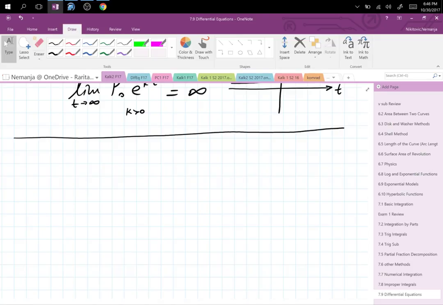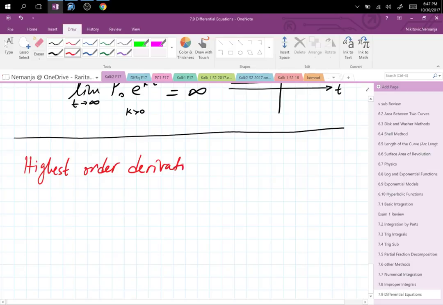If the largest order is second derivative, then it's a second order, third derivative is third order, and so on. So we will say that the highest order derivative equals the order of the ODE, ordinary differential equation.